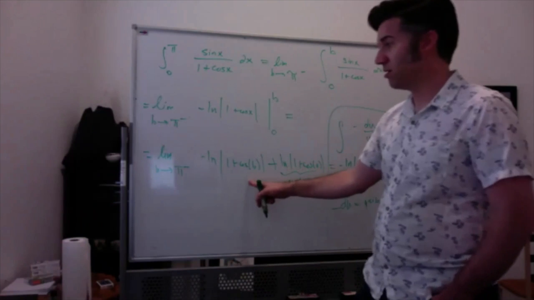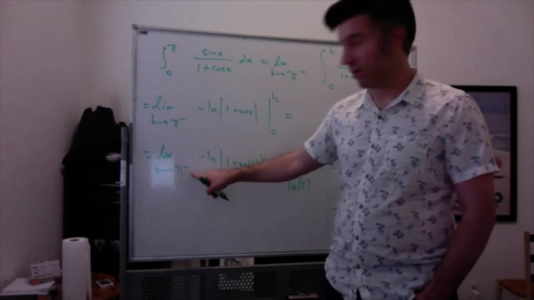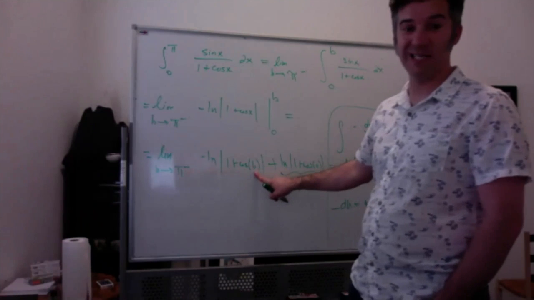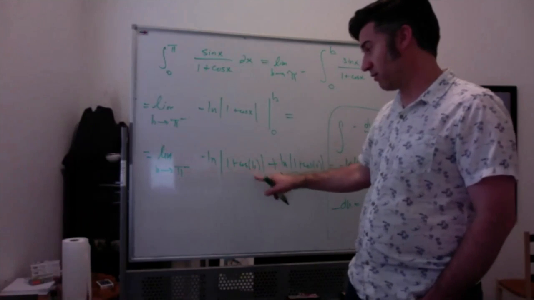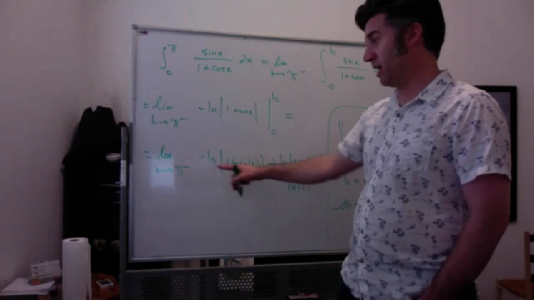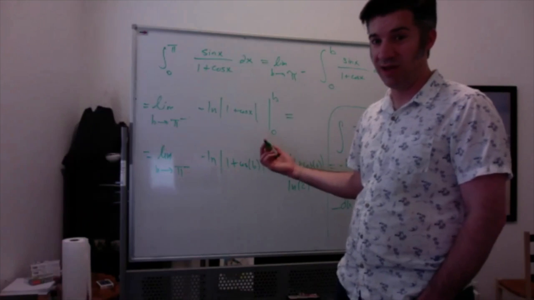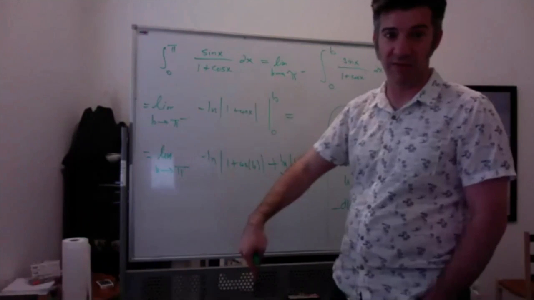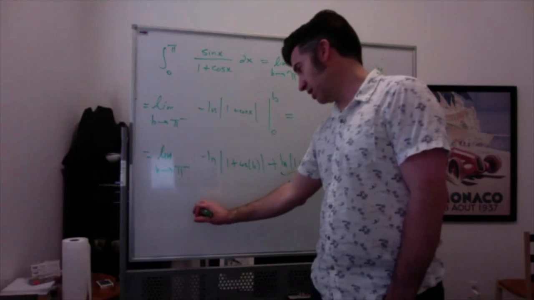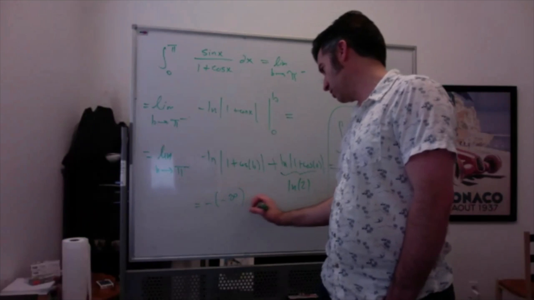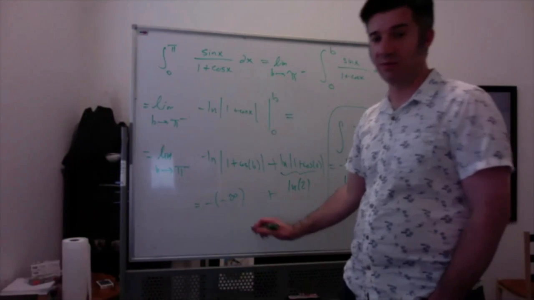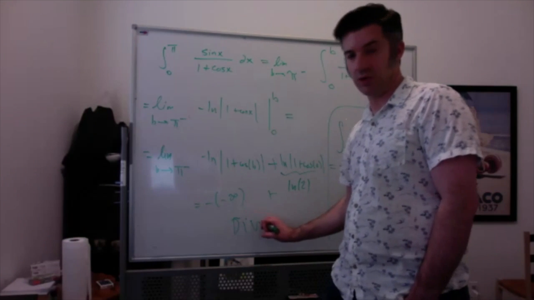But here, b is approaching pi from the left. Cosine of pi is negative 1. 1 plus negative 1 is 0. And natural log of 0, that's where the logarithm has the vertical asymptote. Natural log of 0 goes down to negative infinity. So this is going to be a negative infinity plus natural log of 2, which means it's going to diverge.